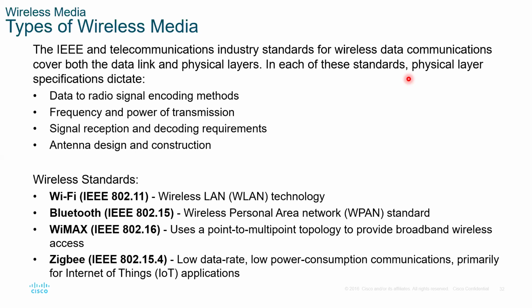Types of wireless media. All right. The reason why I was saying you cannot escape IEEE. All the standards for wireless are defined by the IEEE organization. Name and number. So instead of saying Wi-Fi, instead of saying Bluetooth, I think those are the common ones.